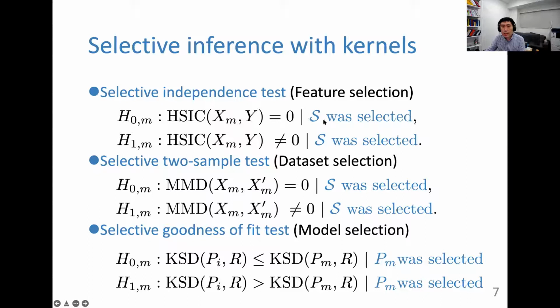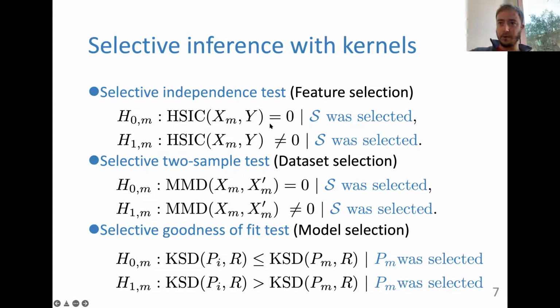I'll talk about more details in later slides, but basically this set S could be a selected feature set, and M is a feature index. So we select one feature, then we just test the HSIC of the M-th feature and its outcome Y, whether it is independent or not.